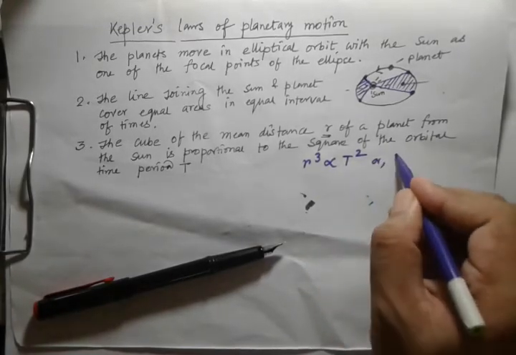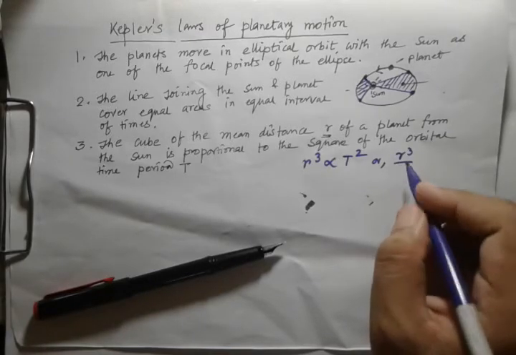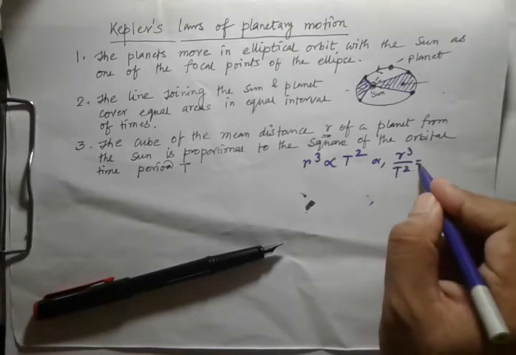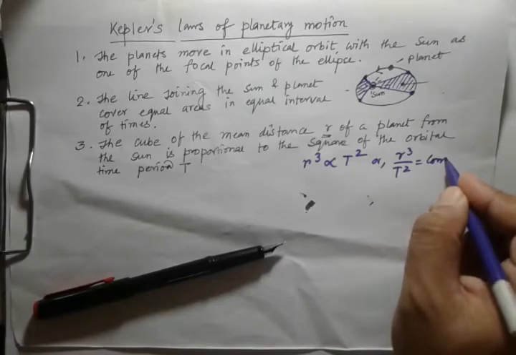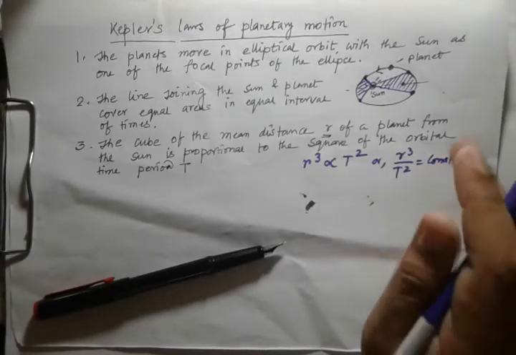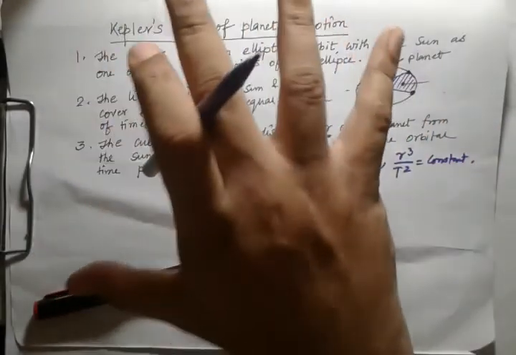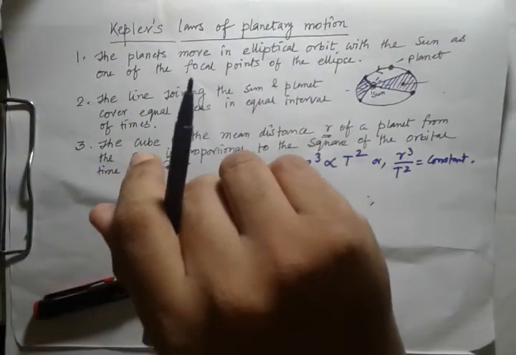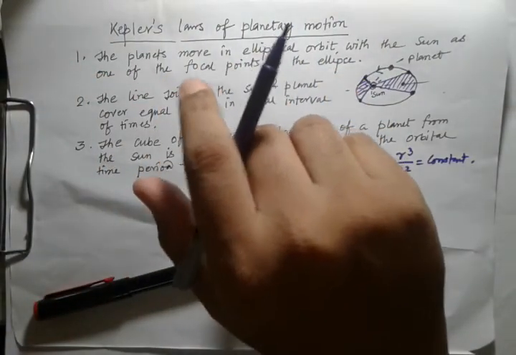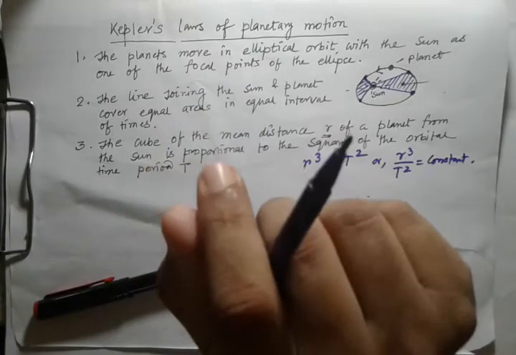Or you can say r cubed by T squared is equal to a constant. So these are the laws. On the basis of these laws, the inverse square law was actually formed.